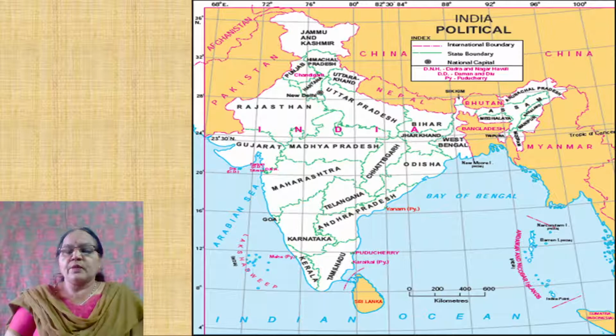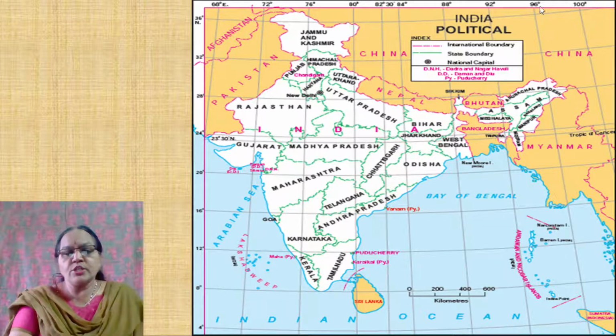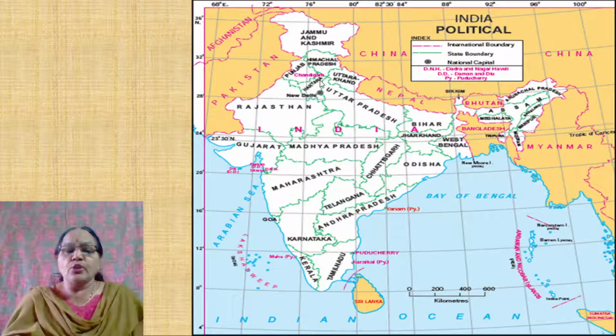Okay, now there's an important latitude which passes through India. That is the Tropic of Cancer. I think you can see this. The Tropic of Cancer, that is 23.5 degrees north, passes through India.